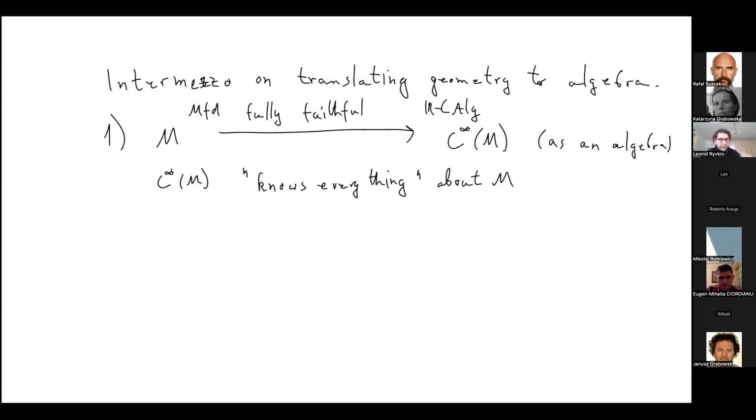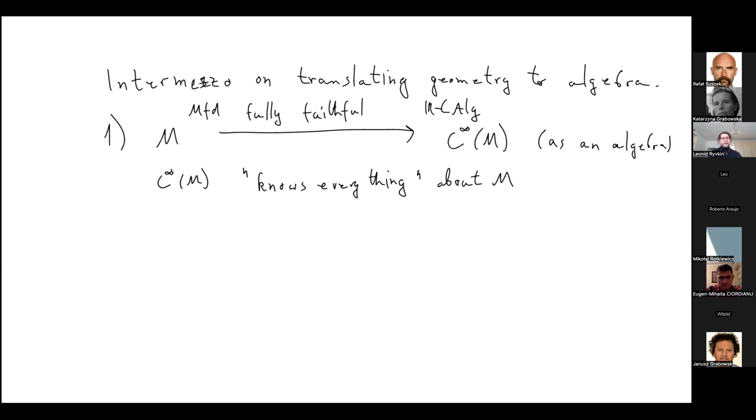But without categorical language, it basically means that given an algebra which comes from a smooth manifold, we can reconstruct the smooth manifold. Given a map between those algebras, we can reconstruct the map between smooth manifolds it's coming from.